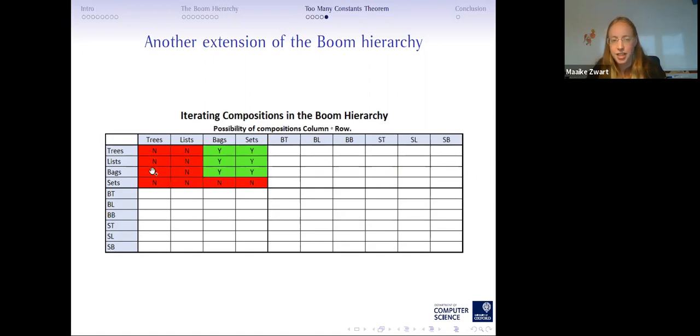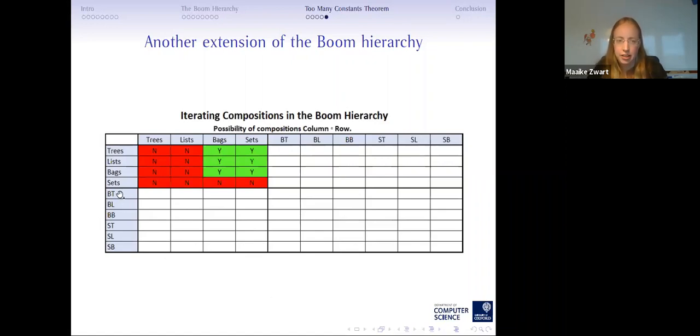But here I've taken the Bohm hierarchy again from the beginning with the units in, and I'm now interested in this area where they do form compositions. And I want to see if I can form iterated compositions with them.